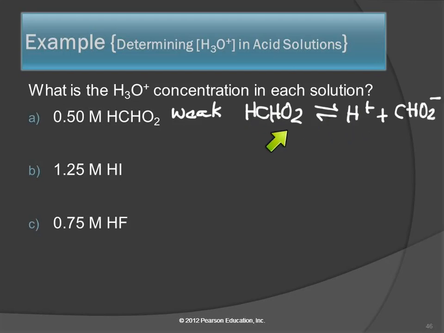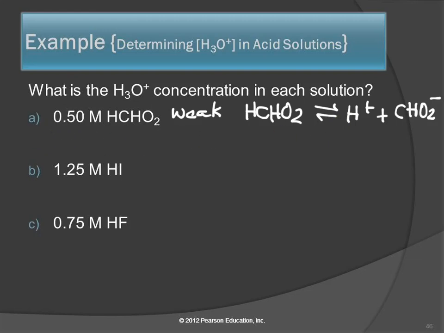Do we have any way of predicting where the equilibrium is going to be? Not with the information that we're given. All we know is that there's going to be a little bit of this and probably more of that. So really all we can say is that this hydronium ion concentration is less than 0.5.